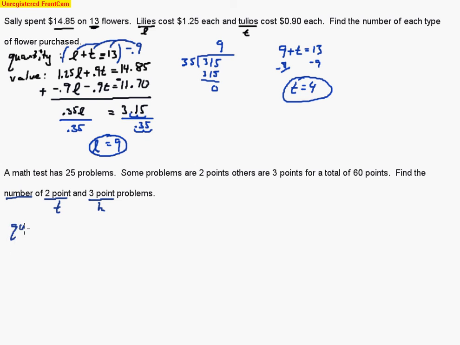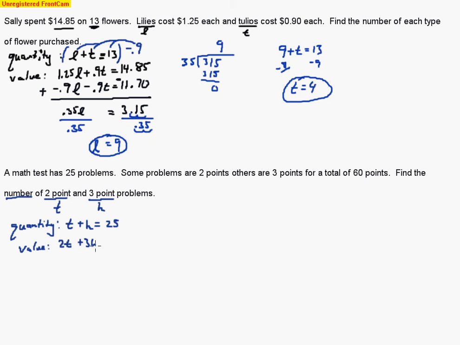So we're going to set up another quantity value problem. Looking at the quantity, I've got t, the number of 2-point problems, plus the number of 3-point problems, h, equals 25 problems altogether. Well, the value is 2 points for the 2-point problems. So 2t plus then the value of the 3-point problems, 3 points.